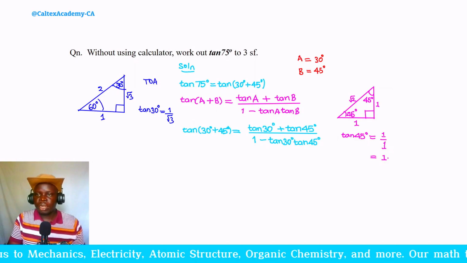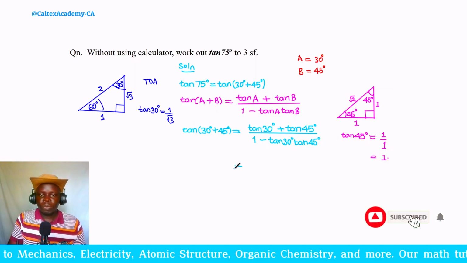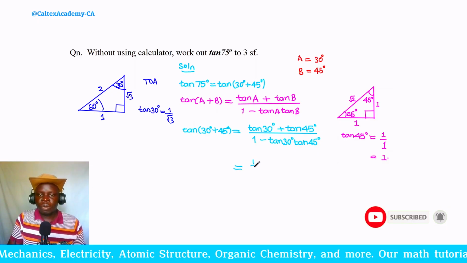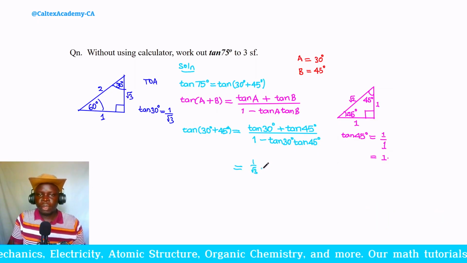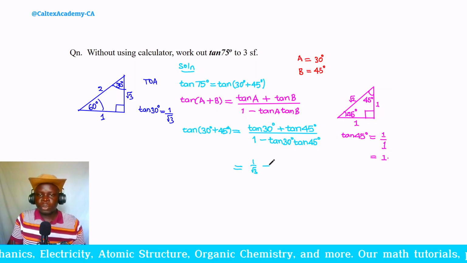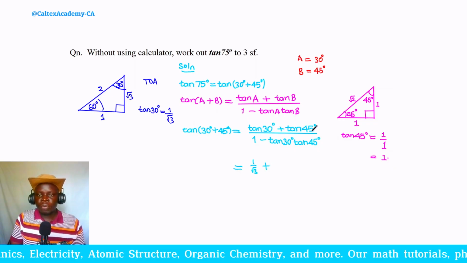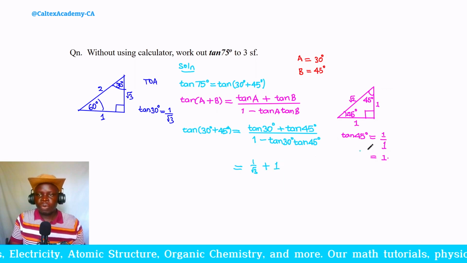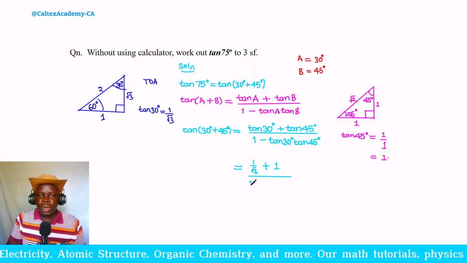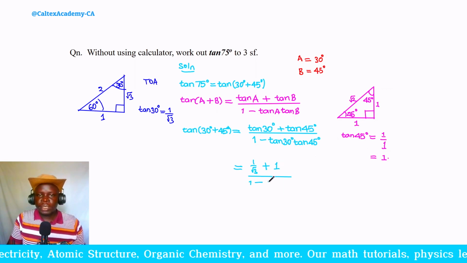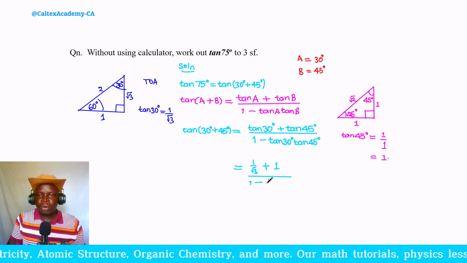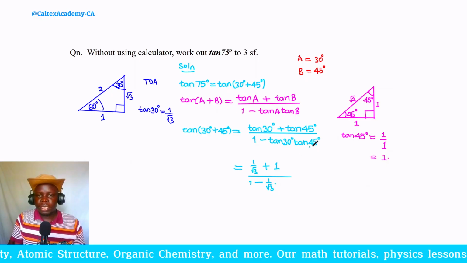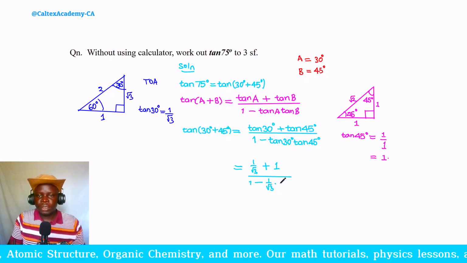So we can go ahead and make substitution to our formula, and we have here tan of 30 as 1 over root 3, and the sign is positive in the middle, and we have tan of 45 as 1. Then we divide the whole thing by 1 minus tan of 30, that is 1 over root 3, and multiply this by tan of 45, that is 1.